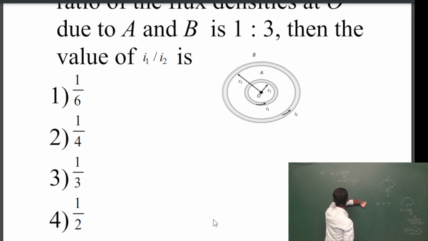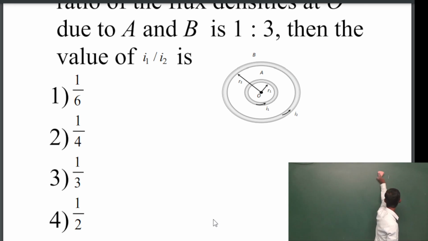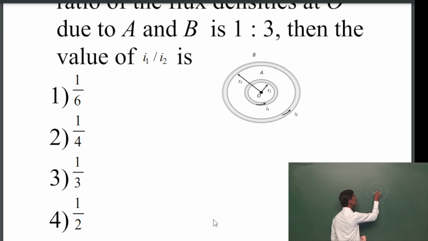They have the common center O, and both circles carry the currents I1 and I2. The inner circle carries the current I1 and the outer circle carries the current I2. The radius of the inner circle is R1, and the radius of the outer circle is R2.